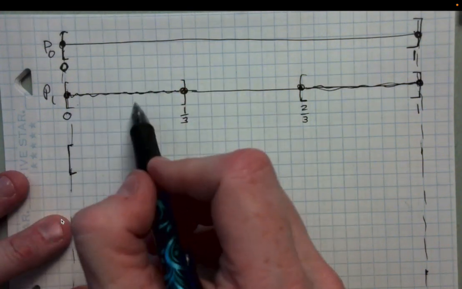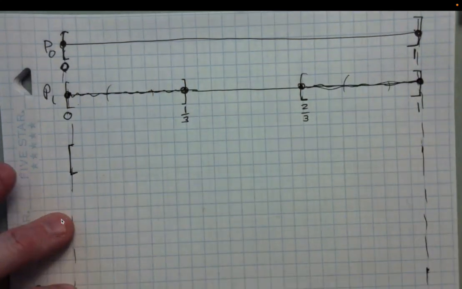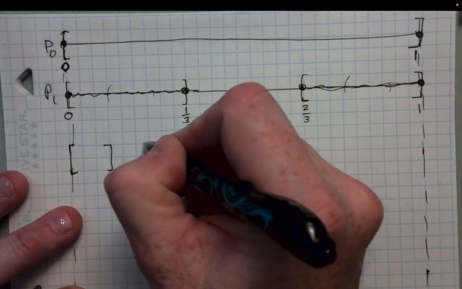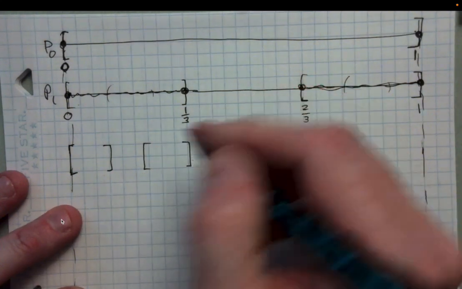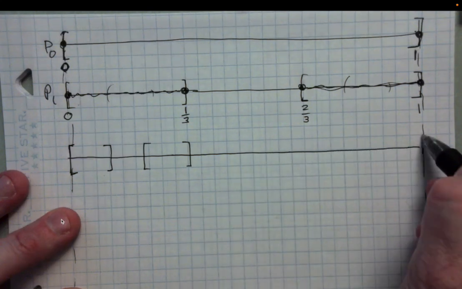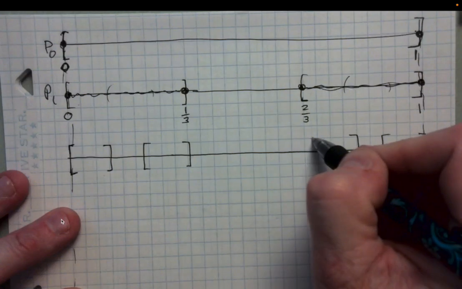At P2, we remove the middle third from each of these. We remove this piece and that piece, so it looks kind of like this. Again, this isn't going to be perfectly symmetric, but you'll forgive me. It goes like that, and then like that.